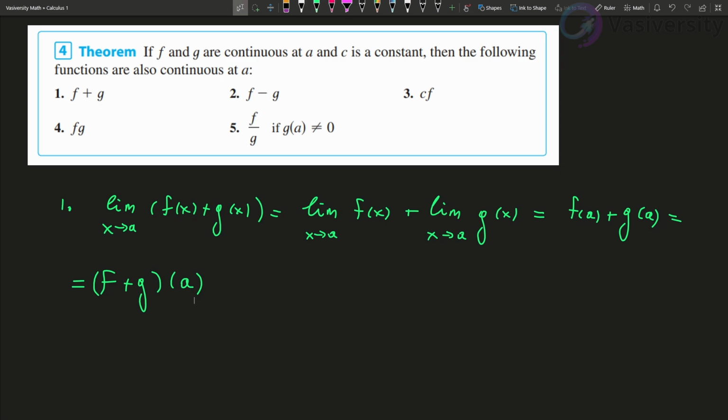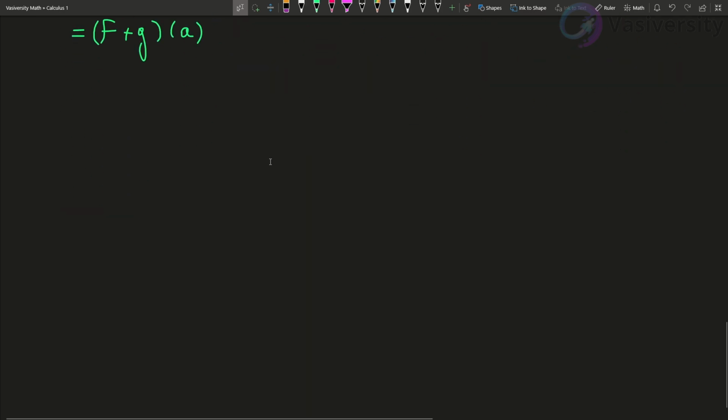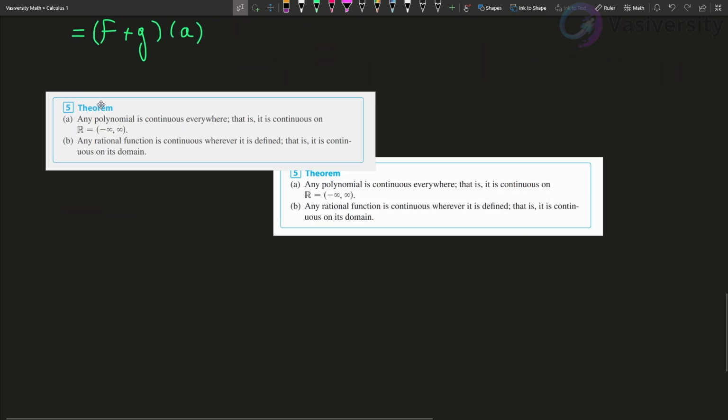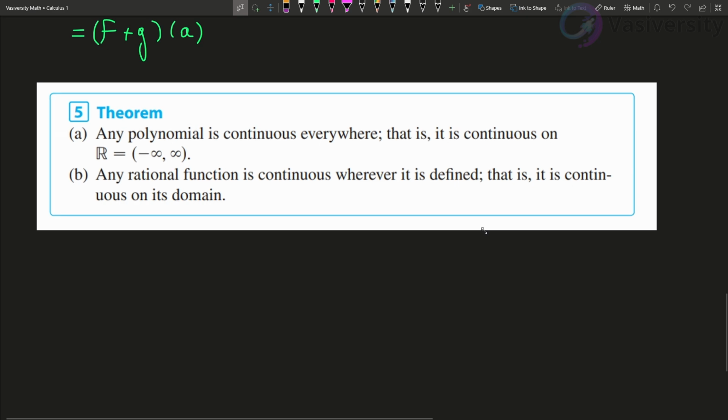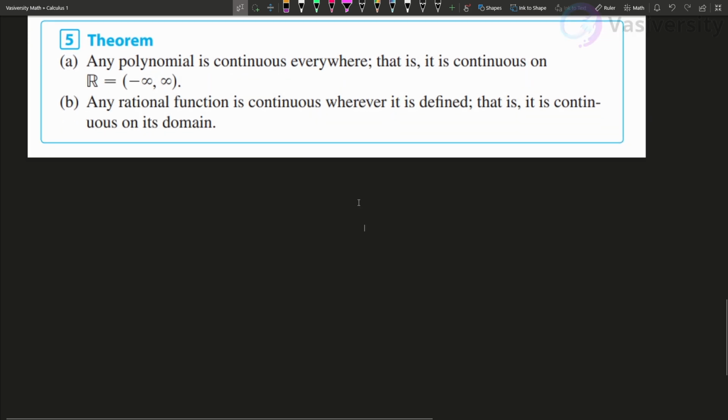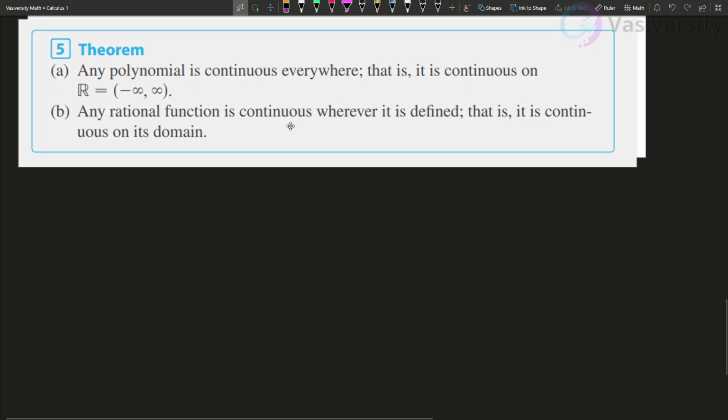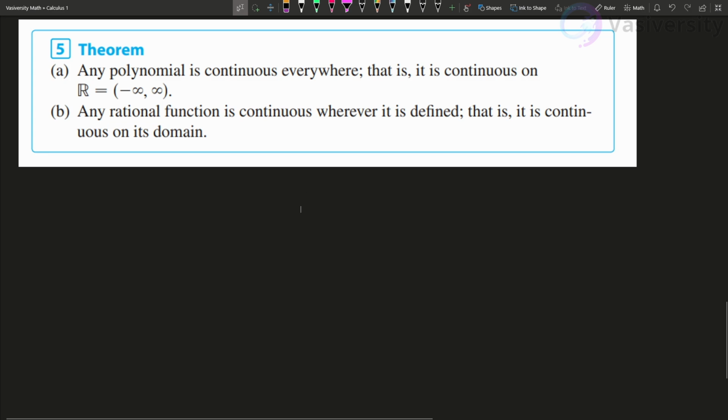Now, one more theorem that we can talk about. That theorem is about polynomials, because last lesson we talked about polynomials, but we didn't say much besides their having that property. Now we can make a theorem.